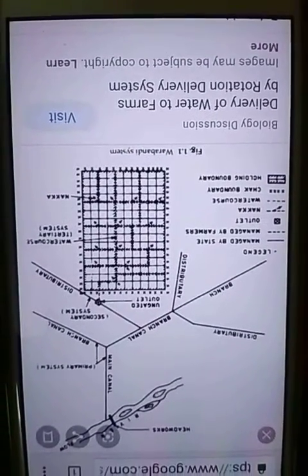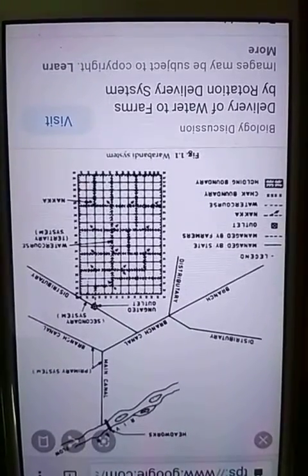As you can see in this picture, a delivery of water to farms by rotation delivery system is shown.